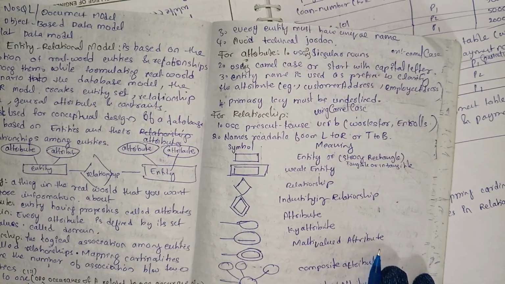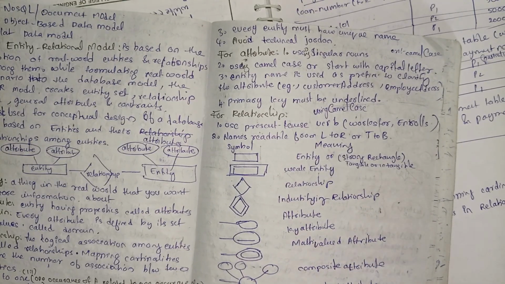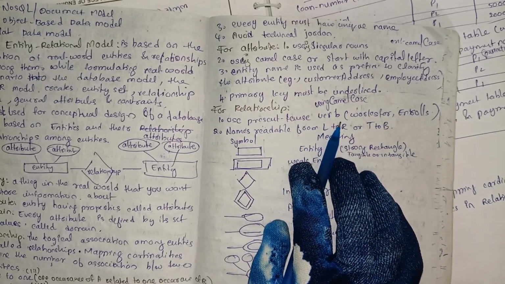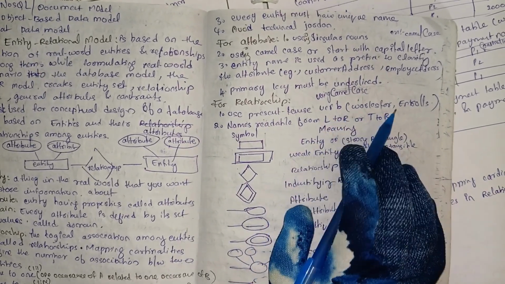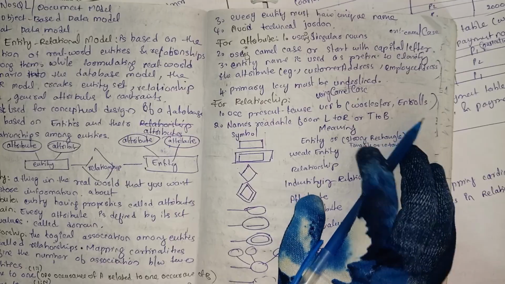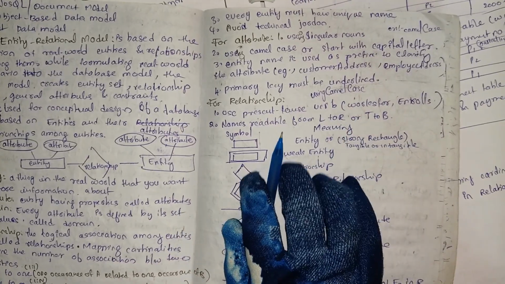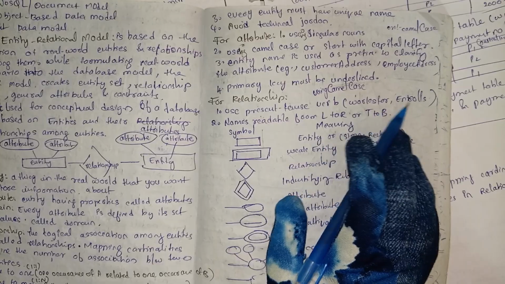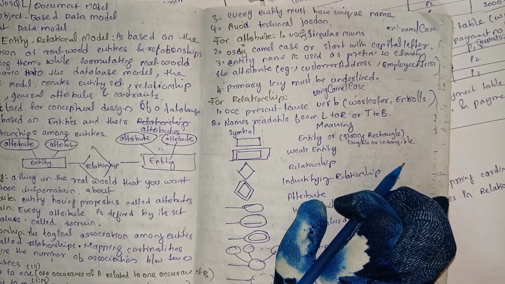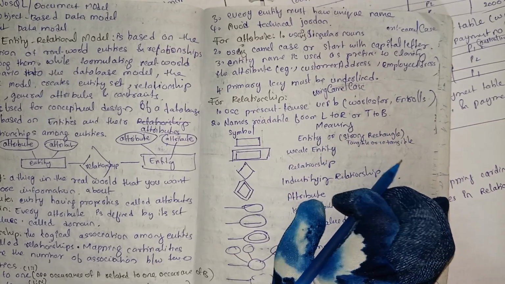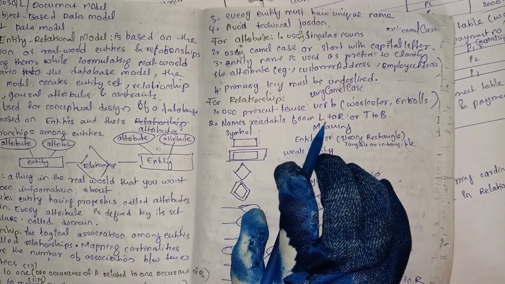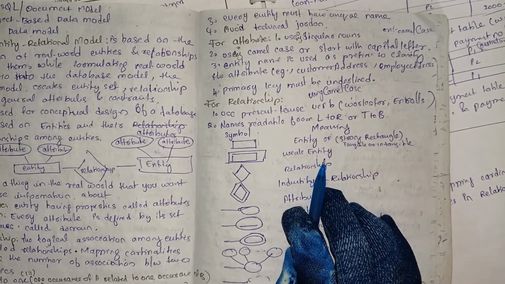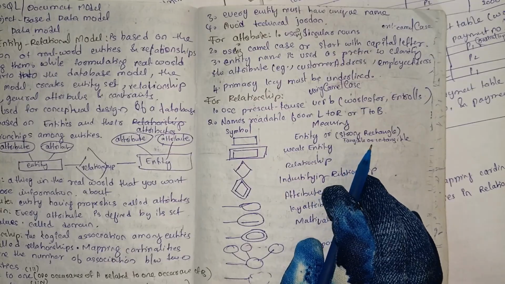Okay, and then for relationship, use a present tense verb like works for, enrolls. The examples which are not used are worked, enrolled, like that. We don't use that. Okay, names should be readable from left to right or top to bottom in the diagram, the entity relational model diagram.